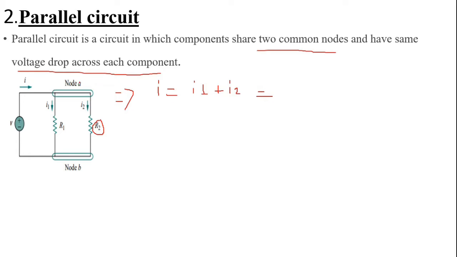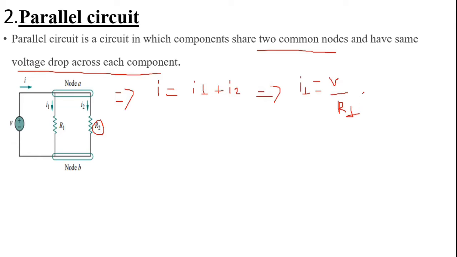As I told you, in a parallel circuit each component has the same voltage drop. So I1 can be calculated from Ohm's law as V, the applied voltage for this circuit, over the first resistance R1.